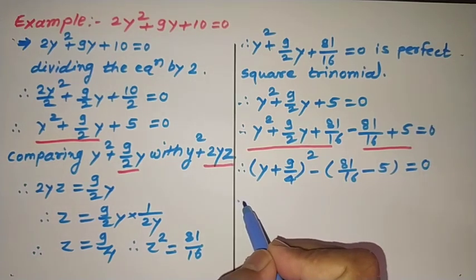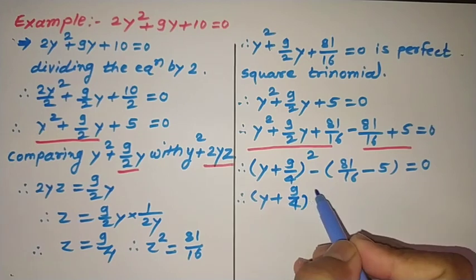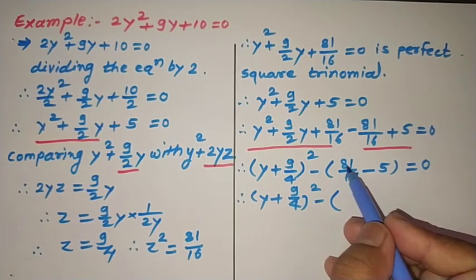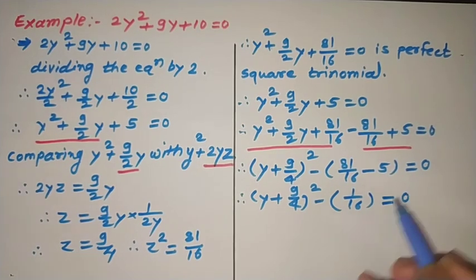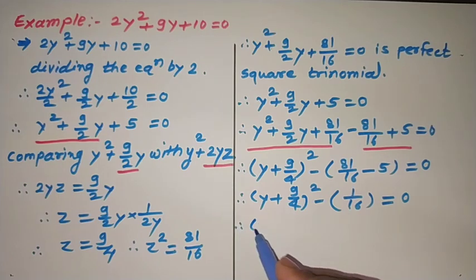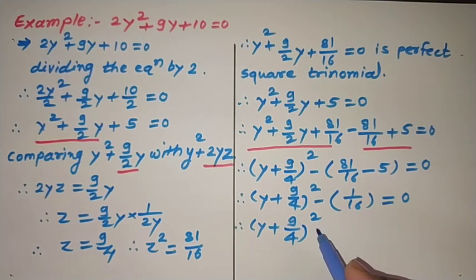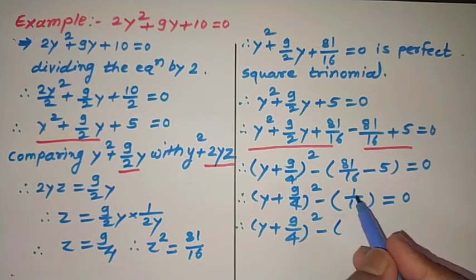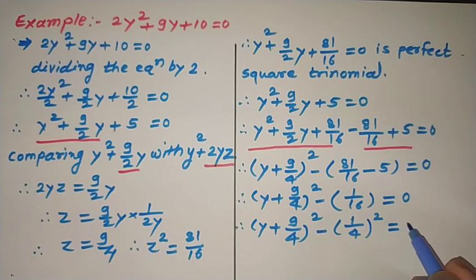Solve the second bracket. (y plus 9 upon 4) square minus 16 fives are 80, 81 upon 16 is equal to 0. 1 upon 16, write this down in square form. The square root of 1 is equal to 1 and the square root of 16 is equal to 4, bracket square.